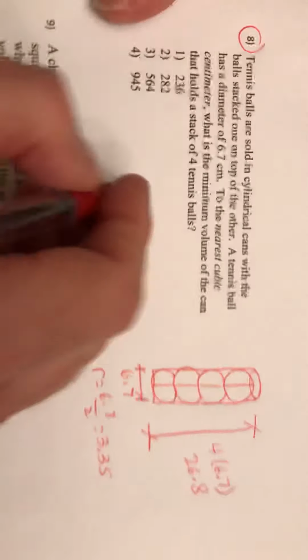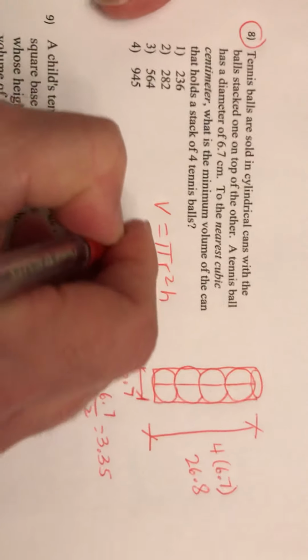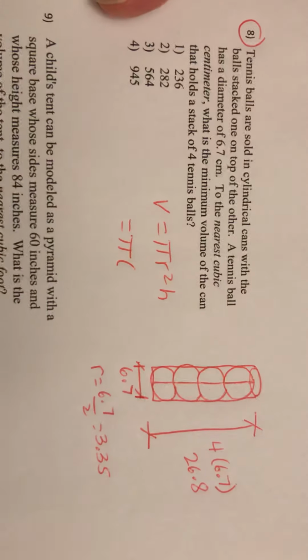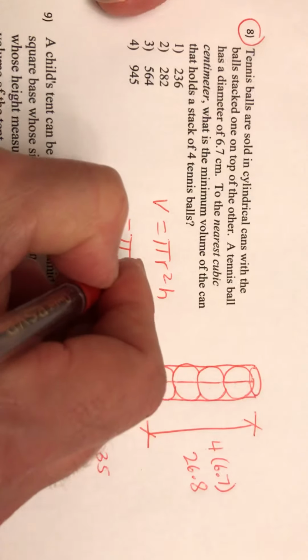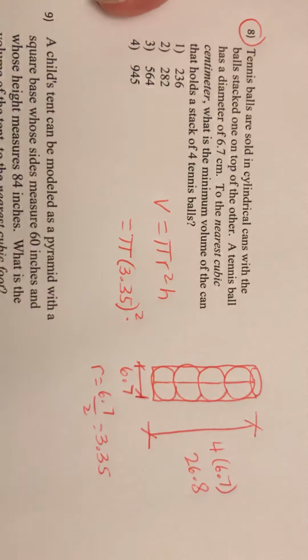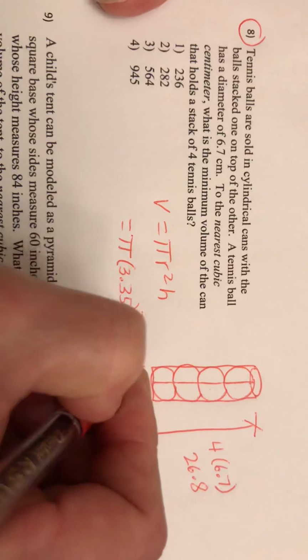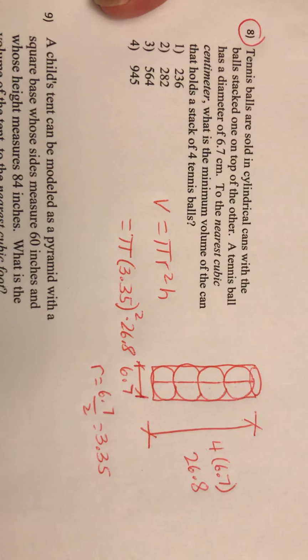So we're going to do our volume. Now it should be easy. We've got a cylinder. Pi r squared h. So it's going to be pi times your radius, 3.35 to the second, times our height, which is 26.8. If you look at the answers, they want a rounded answer.